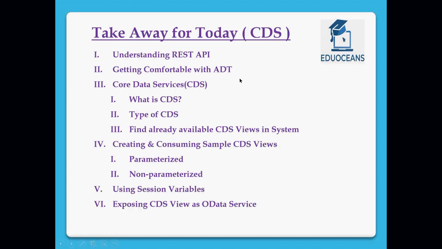Then we will go through parameterized and non-parameterized CDS, and consume those, be it in a web program or via the OData service. We will also go through the available session variables.